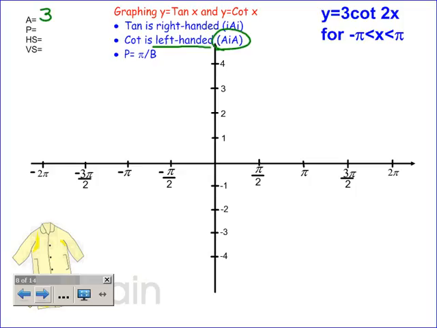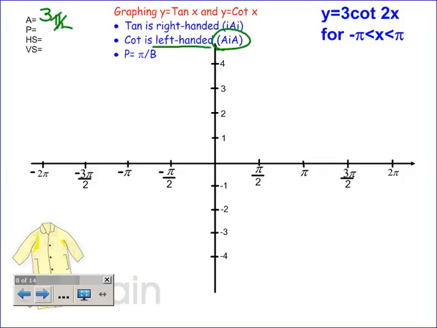I'm sure you said 3. But the period, the formula is pi over B. What's B? 2. So it's pi over 2. That's the period. All right, and no shifts, so we'll leave those blank.